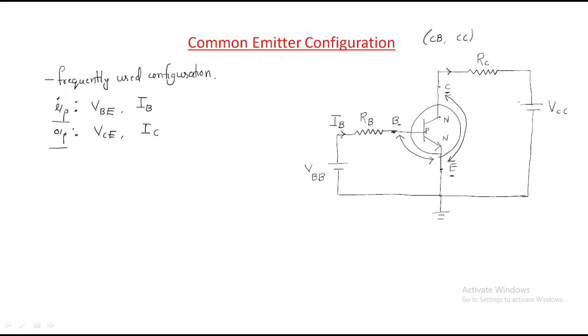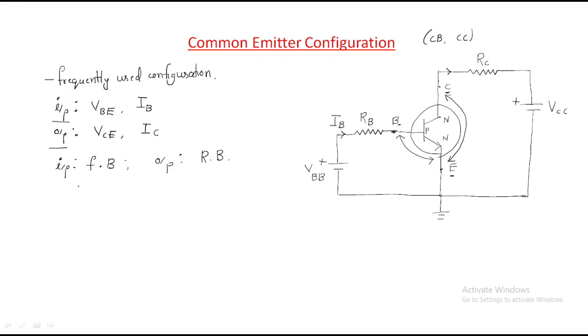The input is given forward bias, meaning we give the supply from the positive side to the p-type base, and the collector is n-type and gets a reverse bias. Just keep that: input is forward biased and output is reverse biased.